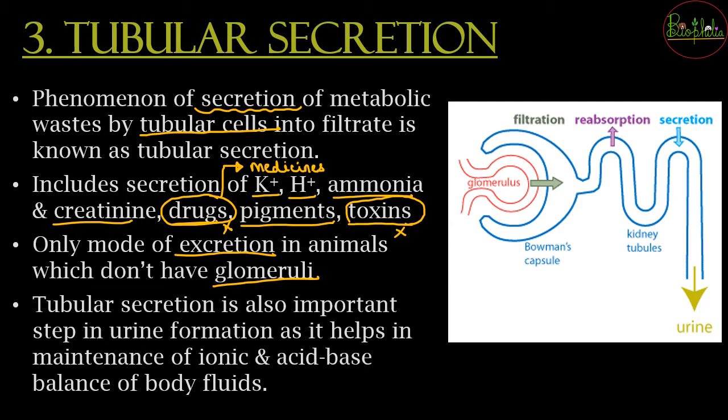So ये tubular secretion जो होता है, it is a very important step in urine formation because it also helps to maintain the ionic balance as well as acid base balance. Because many ions like K+, H+ are released, the ionic as well as acid base balance is maintained. So that was about the third step in urine formation.